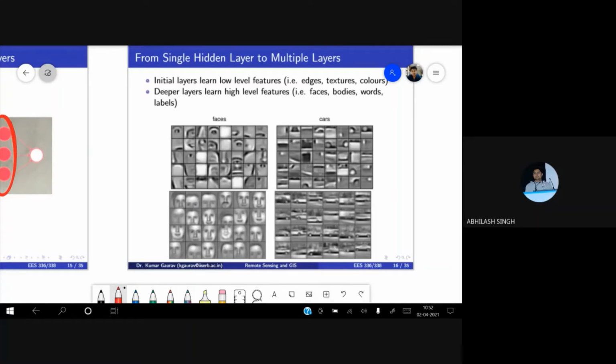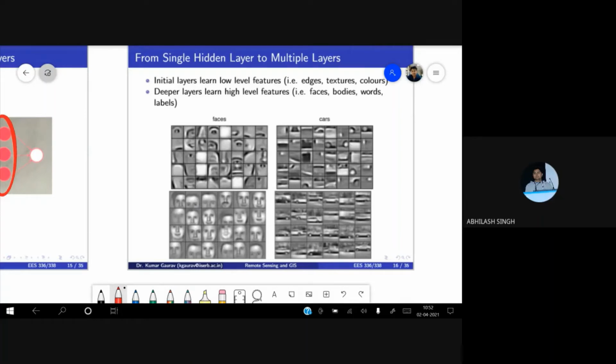Now the question is, how many hidden layers are required? You may increase your hidden layers, and increasing the hidden layers may or may not increase your accuracy. But an unnecessary increase in hidden layers will end up learning more parameters than actually needed to solve your problem.